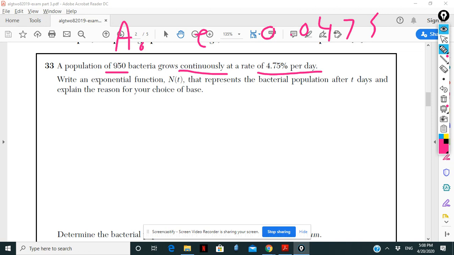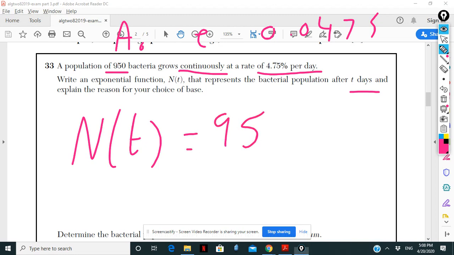Write an exponential function N(t) to represent the population after t days. So A initial, which is 950, multiplying by e to the power 0.0475 t, with t here in days.